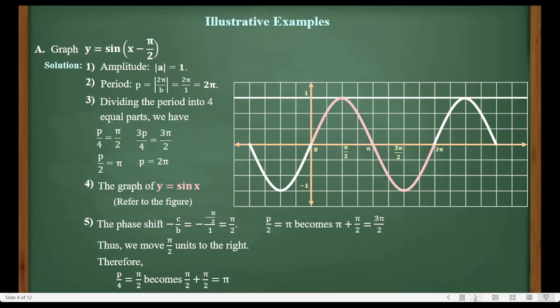From pi over 2, it becomes pi. From pi, added by pi over 2, that is 3 pi over 2. And from 3 pi over 2, added by pi over 2, we have 2 pi. And for the period 2 pi, the value is added by the phase shift value, pi over 2, so that is 5 pi over 2.